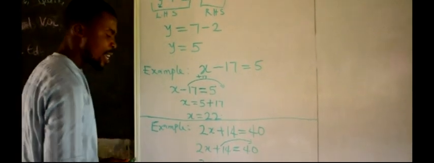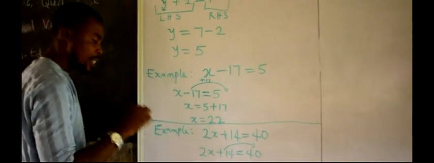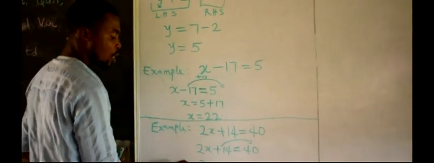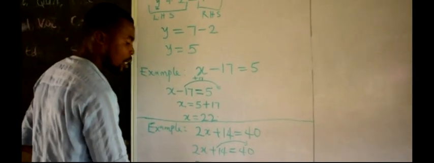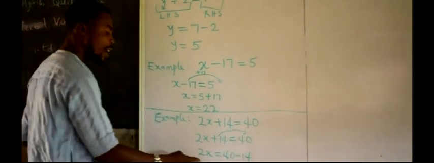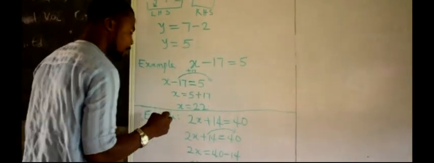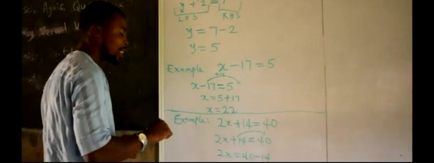So here it is another case. If you have a letter, what they are saying here is that 2 of x is 26. What is 1x? So here, if you want to do it, you would divide both sides by the number behind x.